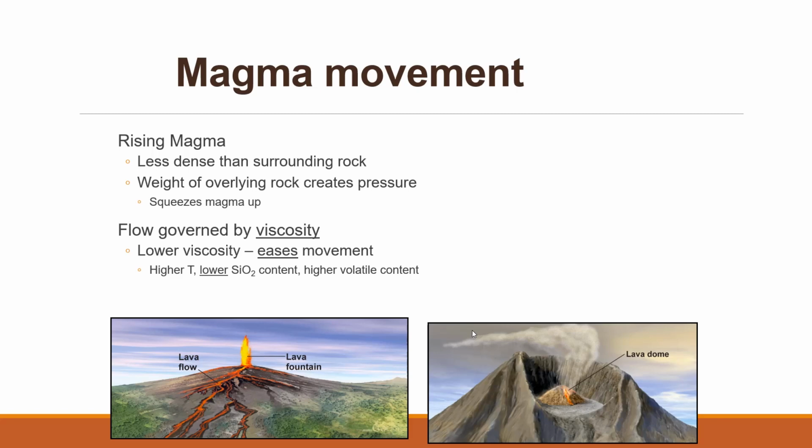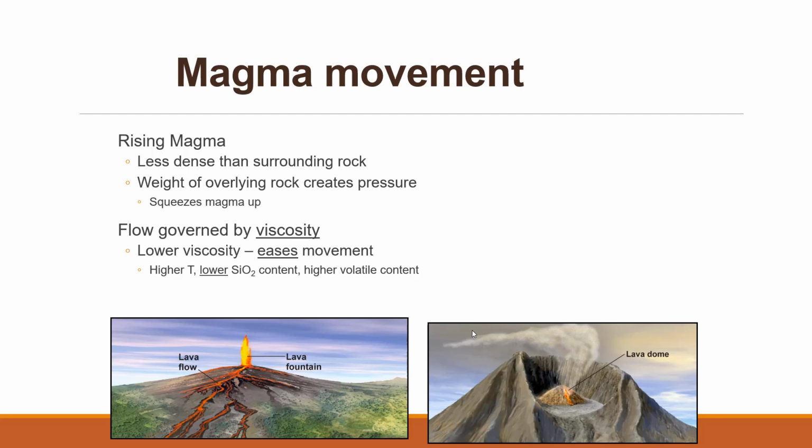Higher temperatures and lower silica content, which both indicate mafic magma, give you easier flow. Higher volatiles will actually make magma less viscous as well, which, if you remember my slide a few back, I said that the felsic materials that are very eruptive tend to have high volatiles, but they have high viscosity as well.